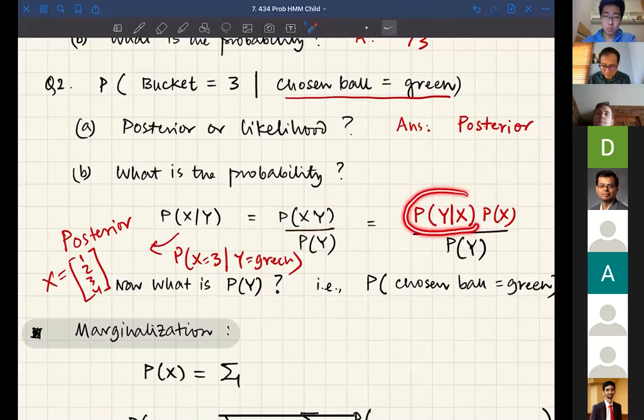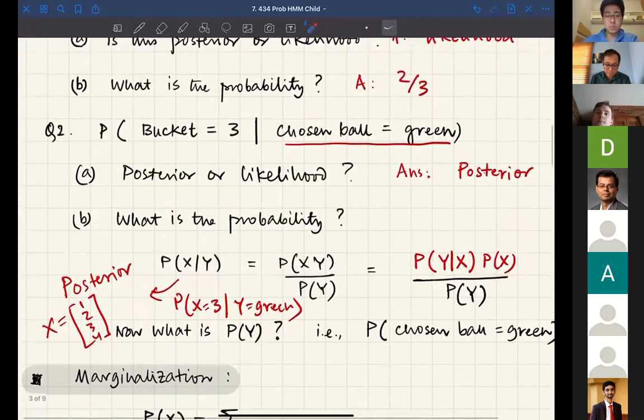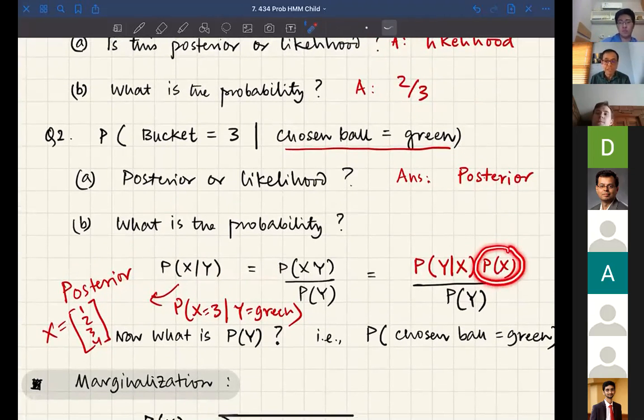What is this? If this is the posterior, what is this? The likelihood. Okay. So I have now written the posterior as a function of the likelihood, but I have other variables, which is px. And px means what is the probability of choosing bucket number 3, divided by py, where py is the probability of picking a green ball.